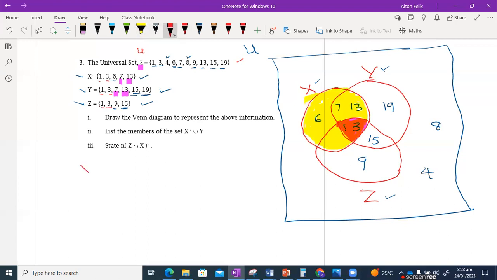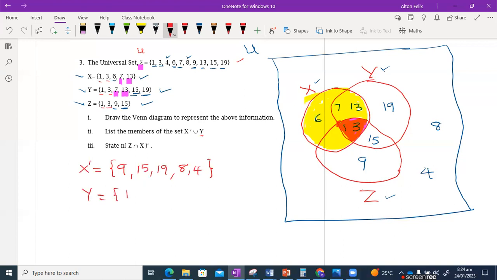So we can see it clearly now. X complement. Now this is the preferred approach I would take. I would write down my members of X complement, and that will consist of the numbers 9, 15, 19, 8, and 4. It doesn't matter the order in which you write it. 9, 15, 19, 8, and 4. Right, and now we can state the set Y. It's already stated up here.